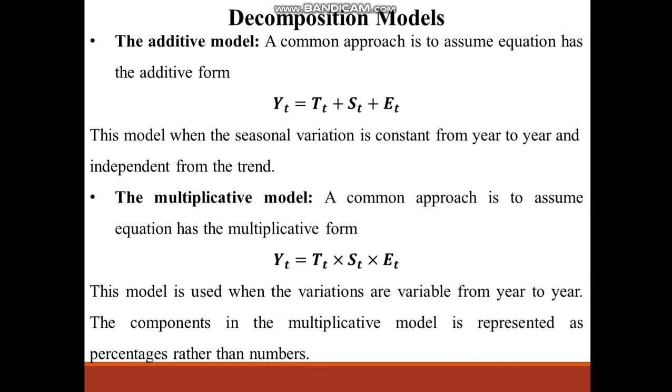The second one is the multiplicative model. A common approach is to assume the equation has the multiplicative form. We multiply all the components with each other. So yt, which is the actual value of the time series at period t, equals the T at time t, the S at time t multiplied by Et.